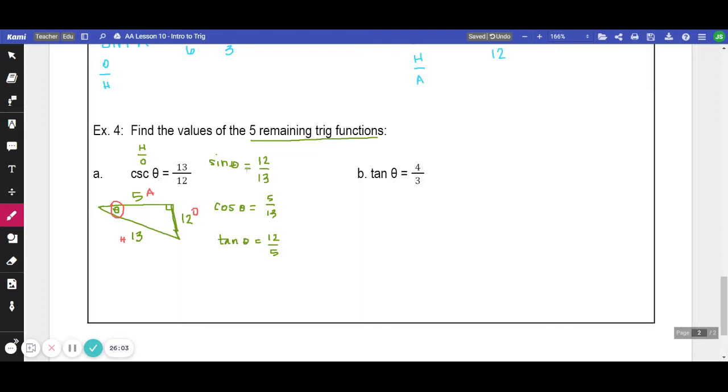I already have cosecant, but I need secant, which is the reciprocal of cosine, so 13 over 5. And cotangent is the reciprocal of tangent, so it's 5 over 12.